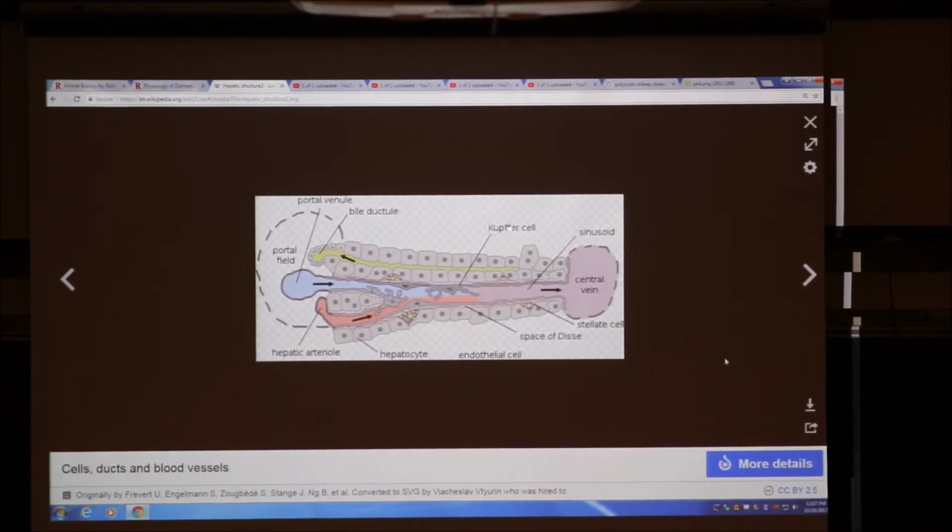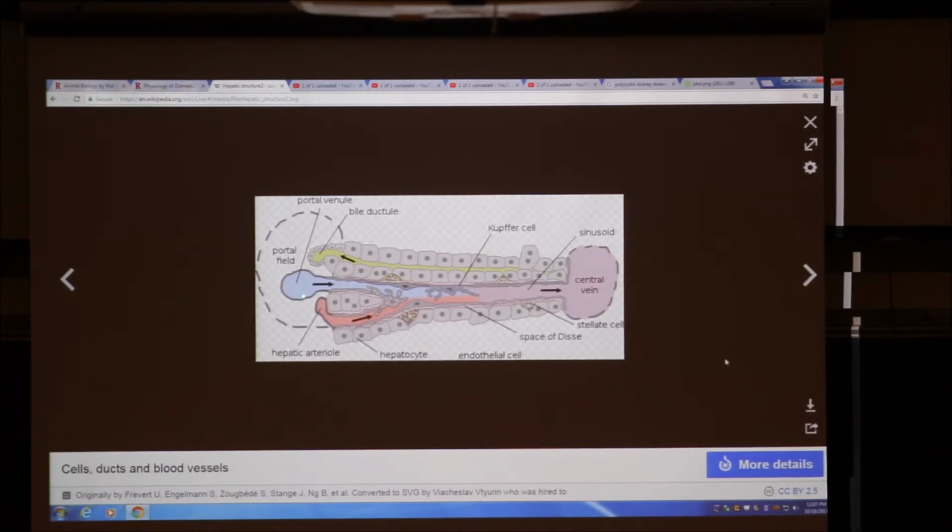And then this Kupffer cell is sitting there monitoring things that are flowing by. And by the way, this is a macrophage. So what are the specialized cells that are macrophages that are connected to the blood system in the liver? It's called the Kupffer cell. So the Kupffer cell is a special white blood cell that's fixed in the liver, and anything bacteria-wise comes in, it's going to be eaten.